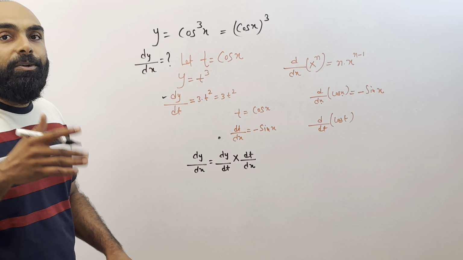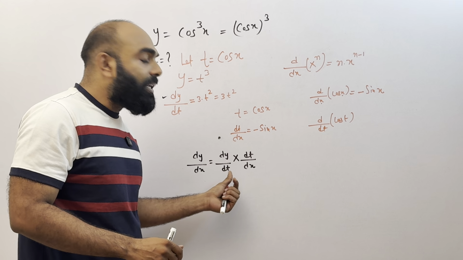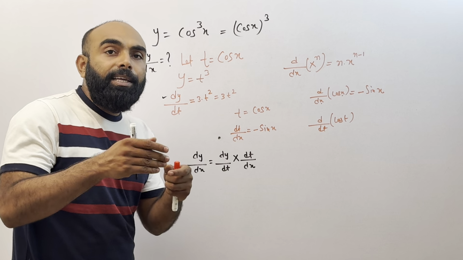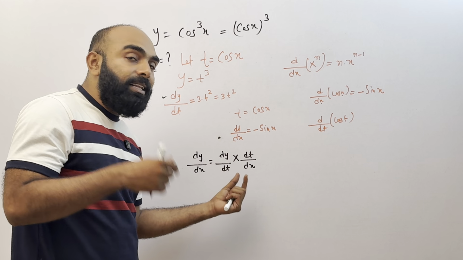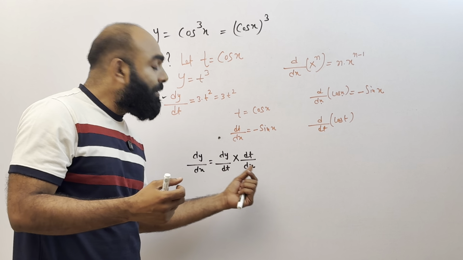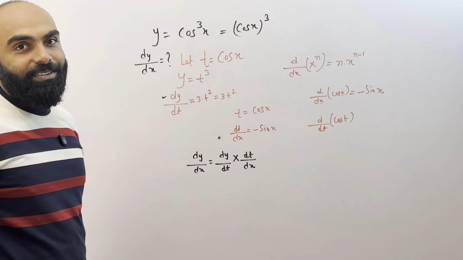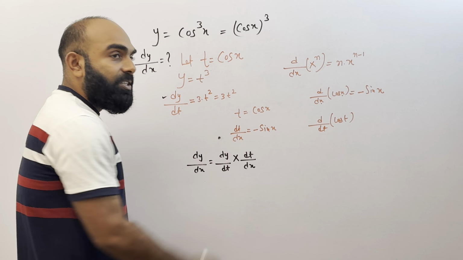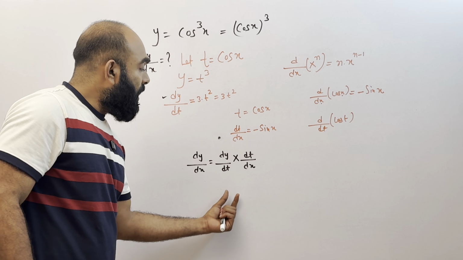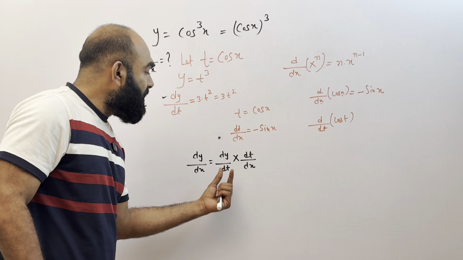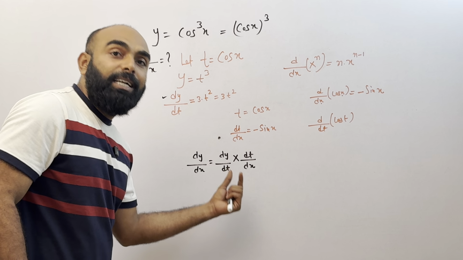Actually, I have explained you in the last class also. Actually, we are not cancelling this dt. To make you understand that in the end we will get dy by dx, I am telling you to cancel this one. But actually we are not doing. In the examination, don't cancel this one. Just simply write this much. So the examiner will understand, okay, this result will give dy by dx only.